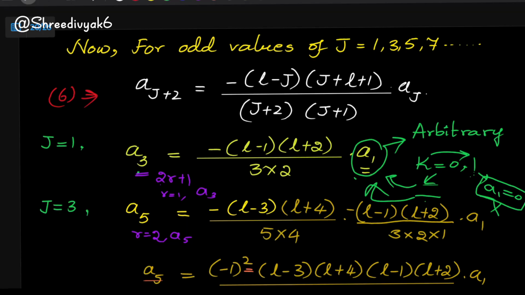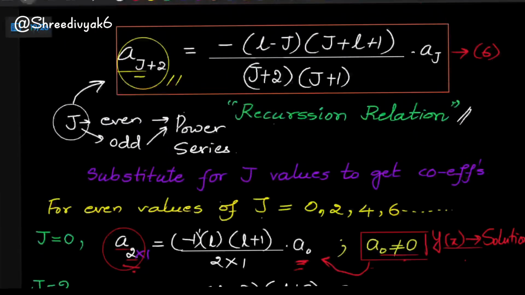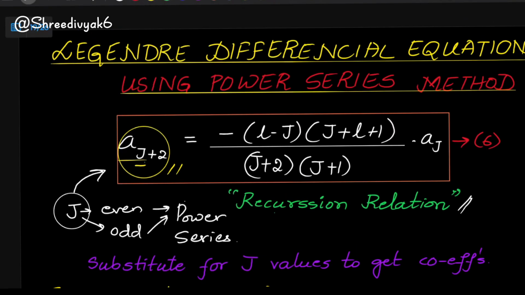Look at this recursion relation. Let me take this only. So here we had this equation 6 giving me the recursion relation, where a j plus 2 we were getting in terms of a j, right?